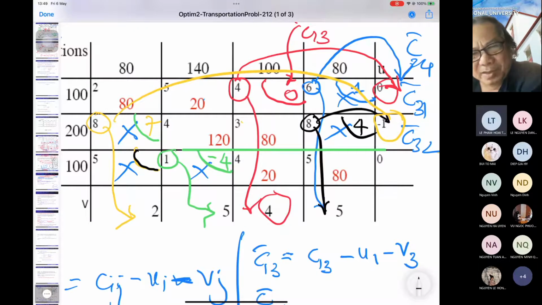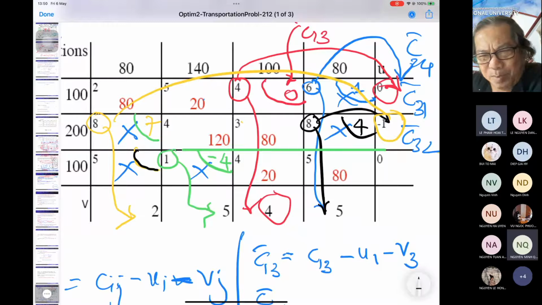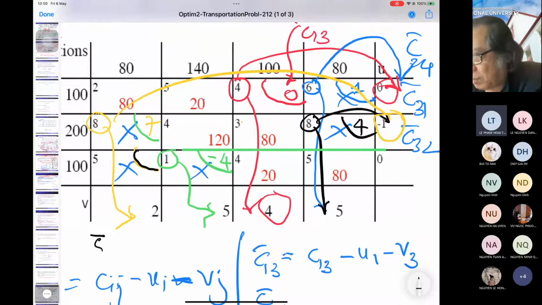Who can tell me? C bar 3,1 equals C31 minus U3 minus V1.